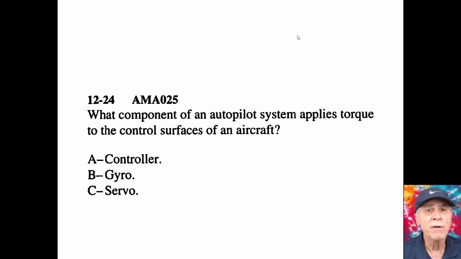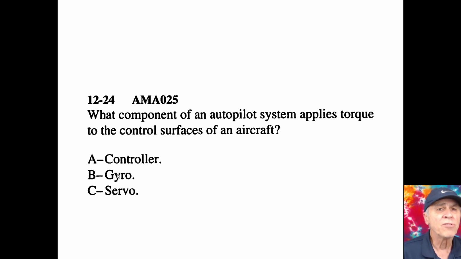What component of an autopilot system applies torque to the control surfaces of an aircraft? What's the part that actually applies the torque? That's actually the function of the servo, so it's going to be the final answer, or option C in this case.